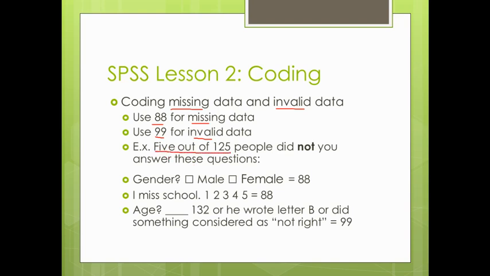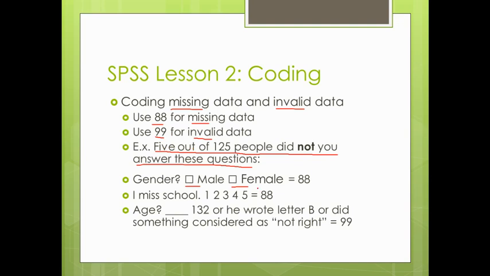Let's say you survey 125 people, and 5 of them did not answer these questions. For example, you ask this question: what is your gender? And then you provide 2 options, male and female. But 5 respondents forgot.